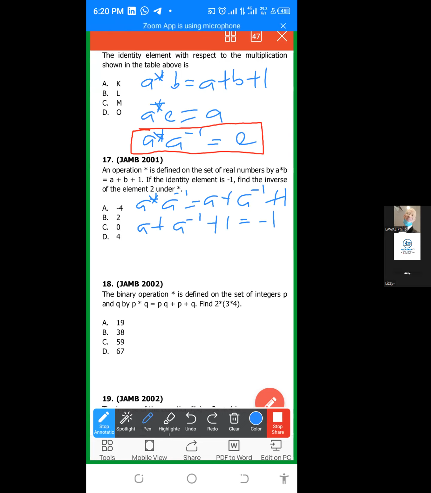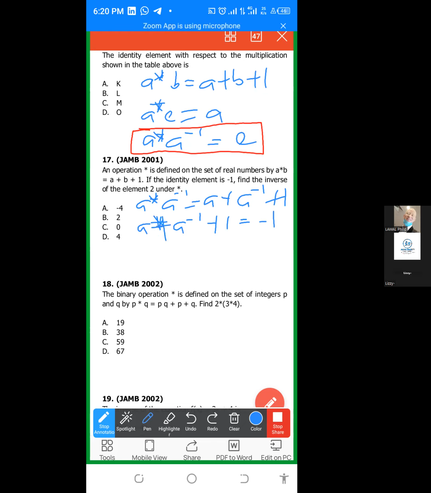Sorry, this is supposed to be star actually, A star A inverse. So that's A plus A inverse minus 1 according to this rule.